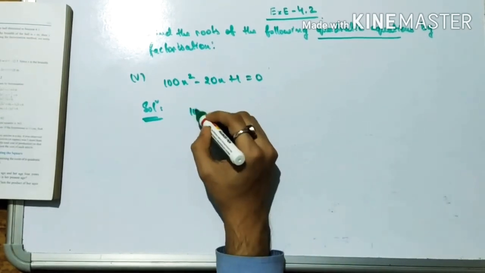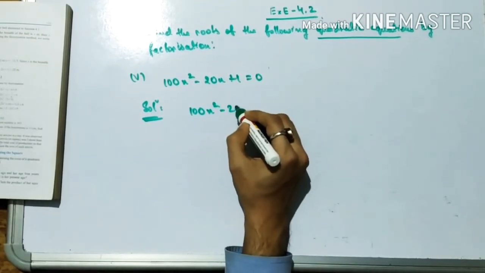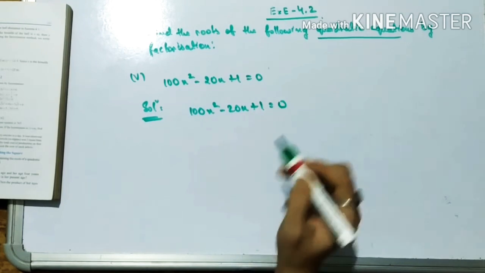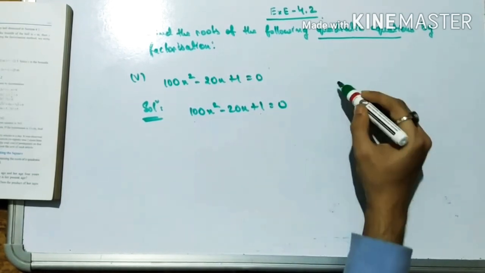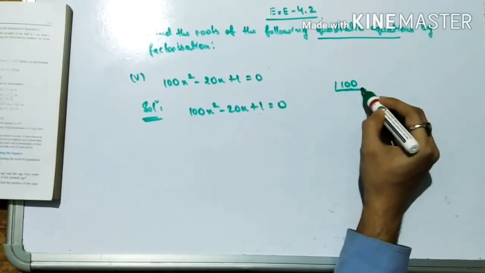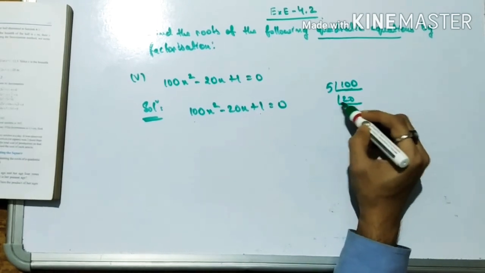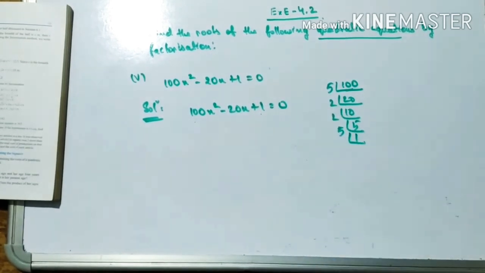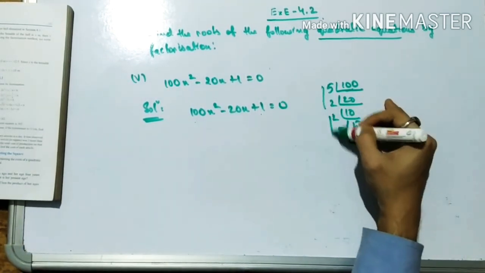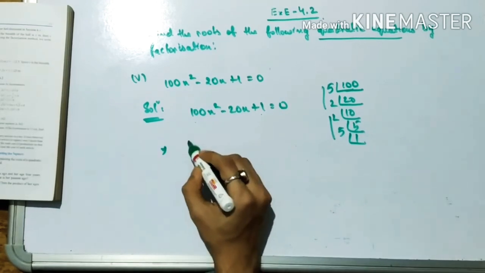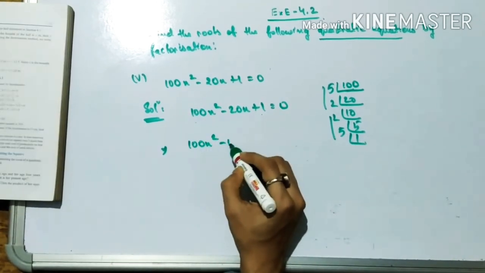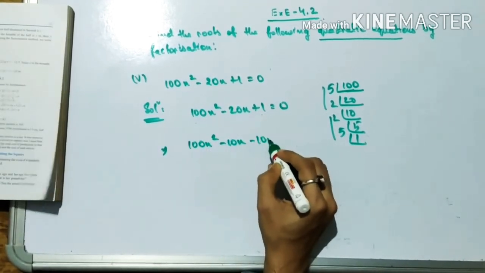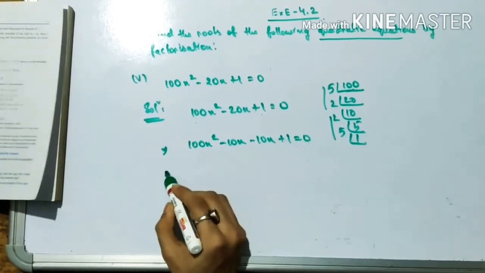So again, let me write the question first. 100x square minus 20x plus 1 equals to 0. 100 into 1, I will get 100 only. 100 prime factorization if I do, this is 20, 10, 5, 5, 1. So how can I bring minus 20 here? You see 5 10s, 5 10s. So I can write this as 100x square minus 10x minus 10x plus 1 equals to 0.